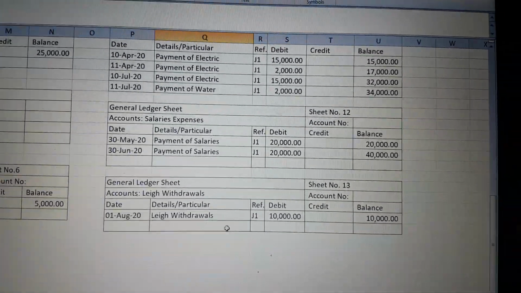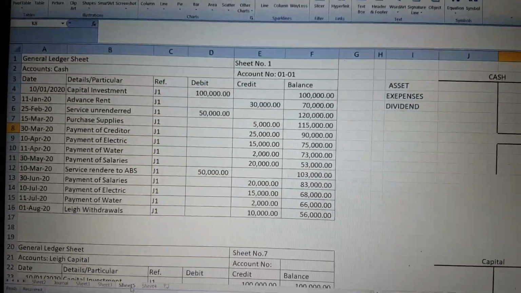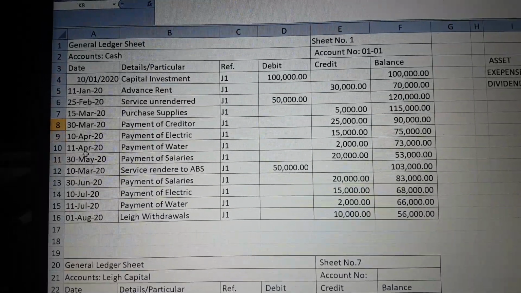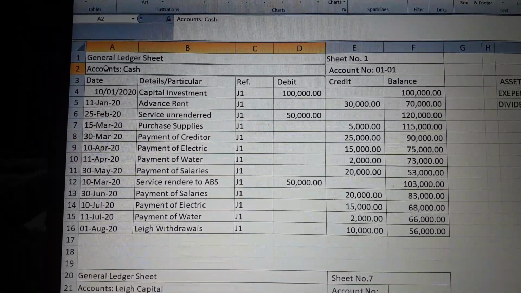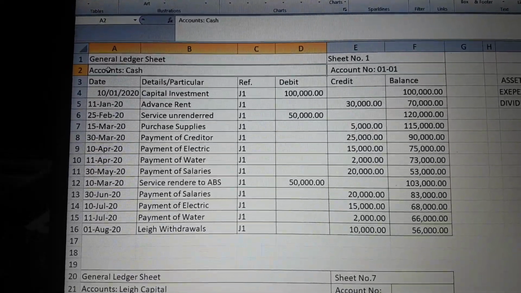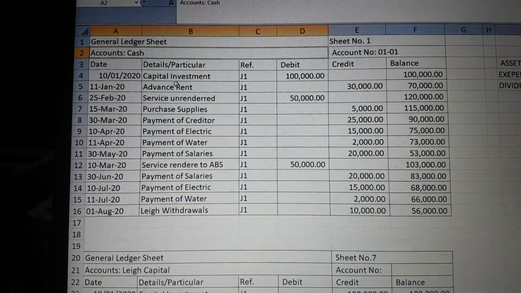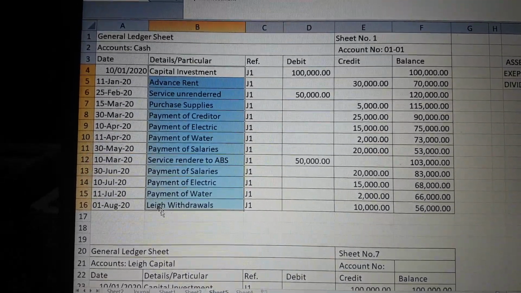Okay, so now let's proceed to our T account. What's the difference between the account? First, if you notice here, we put accounts. So what is an account? Accounts are a report or description of an event or experience. For example, cash: here is the chronological activity that happened to cash.